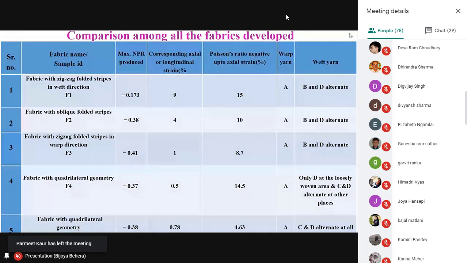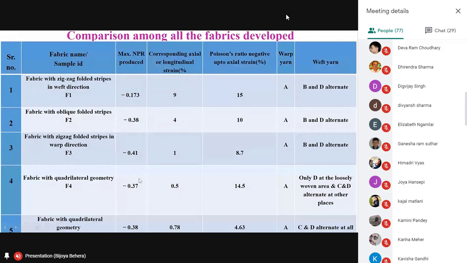The first column is the serial number, the second is the fabric name, and I have already told you about the 9 fabric samples, starting from zigzag in warp weft bias, then quadrilateral geometry, then hexagonal geometry, then weave pattern, and then random pattern. So in all these 9 samples, this table shows 5 results. On the second slide you will find 4 more.